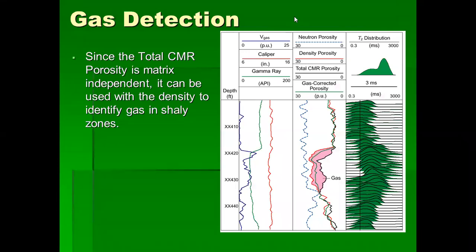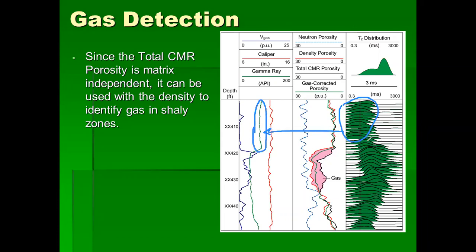Another illustration, and this illustration is about gas detection. You can see from the top here, most of the curve is toward the smaller relaxation time. So this is indicating high irreducible water saturation. And this corresponds, as you can see, to high gamma ray, which indicates a larger amount of clay here.